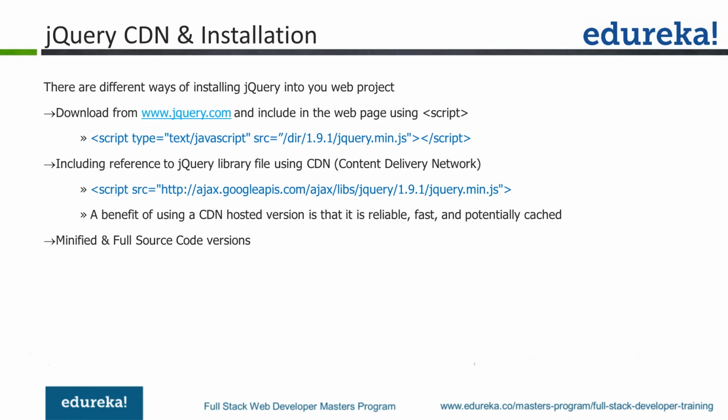The benefit of a CDN is that the server is physically close to you. If you're in India, it's sitting in Singapore, not in the US. Or if you're in the US, it's not serving you a file from India or UK or Europe. It is serving you a file from the US itself.